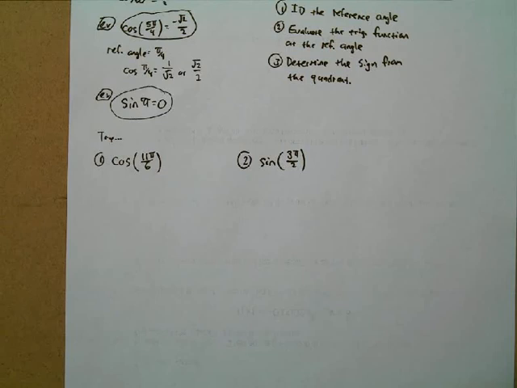Don't refer off the y-axis. So 11 pi over 6 is 30 degrees off of the x-axis, so you can use pi over 6. Reference angles are always off of the x-axis. So please don't refer from the y-axis. Always refer off of the x-axis, the closest angle that'll get you back to the x-axis.